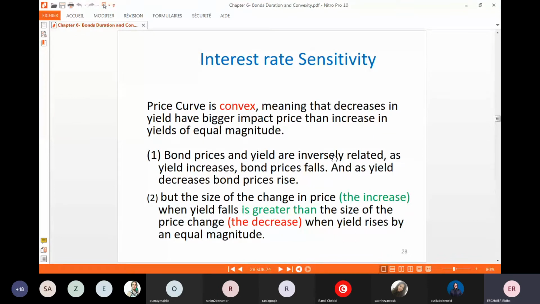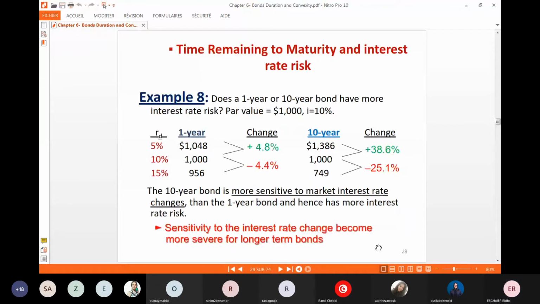Now, let's analyze this sensitivity, this market interest rate risk, for two bonds that are identical except in their maturity. Does the maturity of the bond have an impact on the market interest rate risk of the bond or not? Let's take two bonds, a 1 year bond and a 10 year bond.